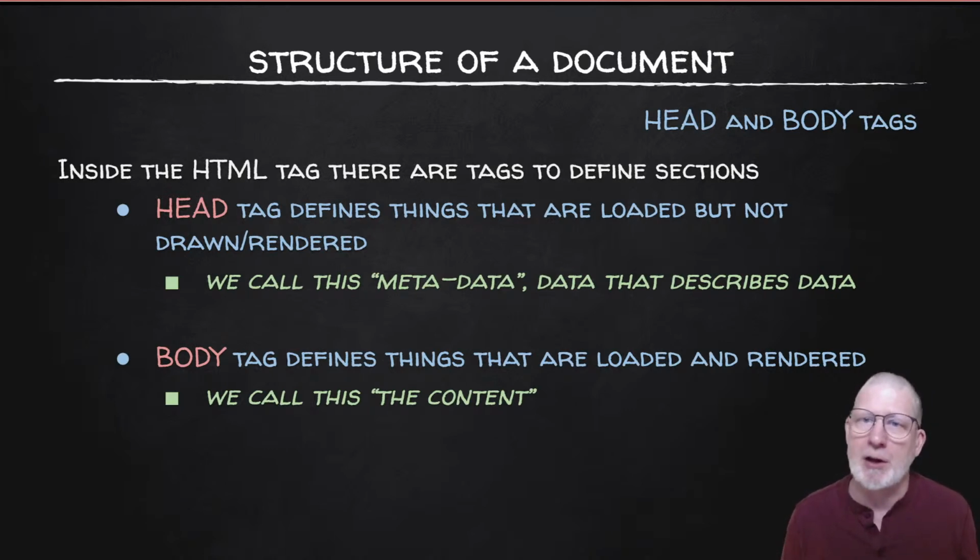It's things we're loading but not necessarily seeing on the screen. And then there's a body tag, and that body tag defines all the things that are laid out and rendered. That body tag is the content that we're going to show.